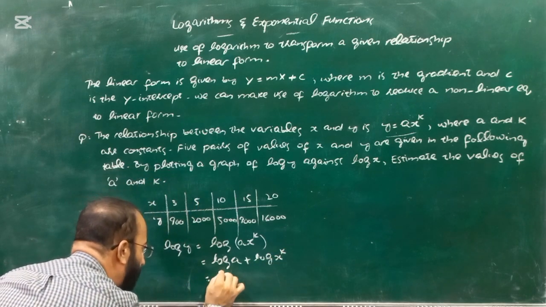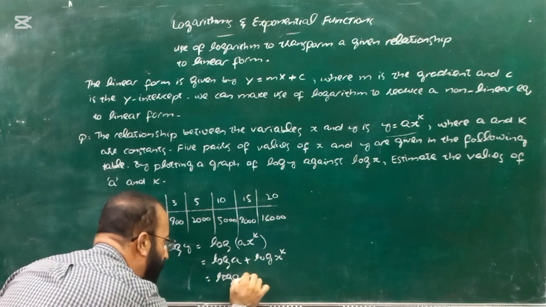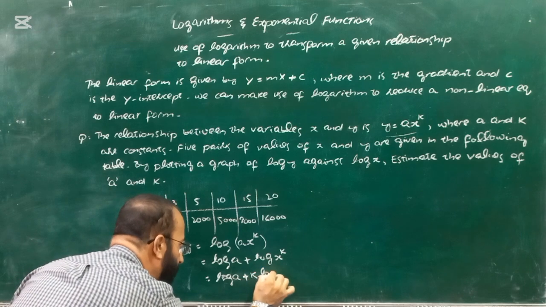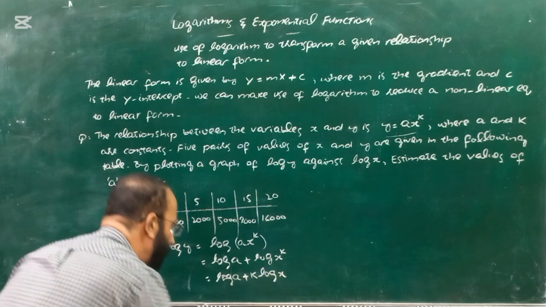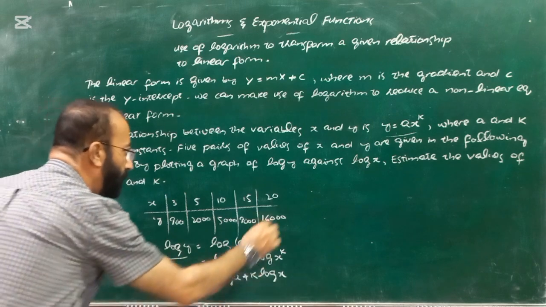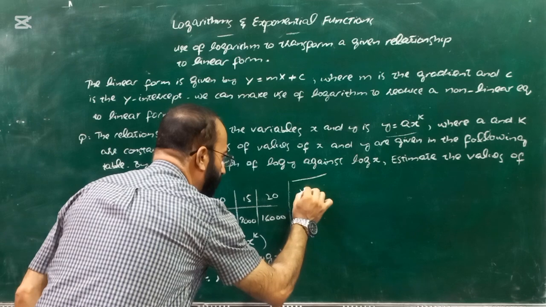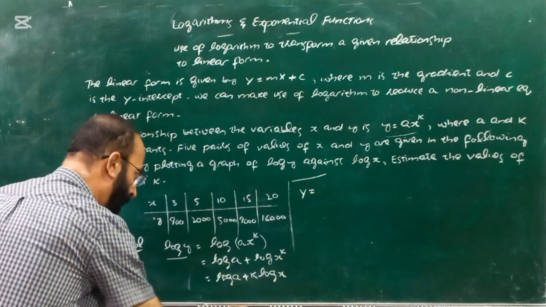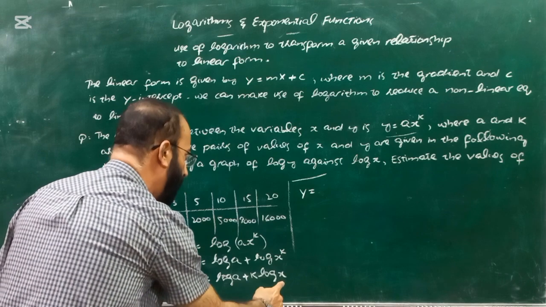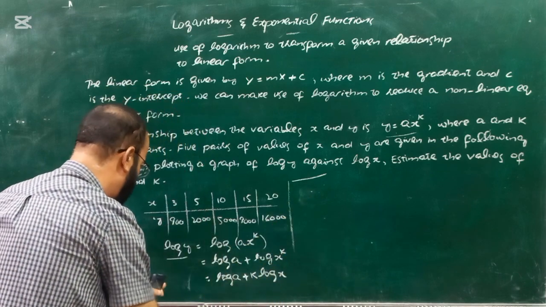And the next step will be log of a. This k will come before the log, and log of x will remain as it is. So we will put this value equal to capital Y. First write the values as they are and just replace the values.